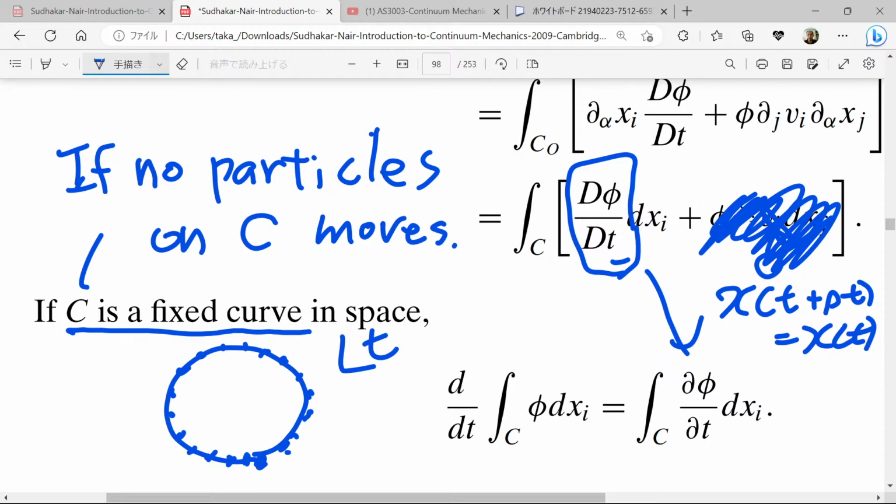So this becomes a partial derivative. This guy becomes a partial derivative. I think this is clear now.